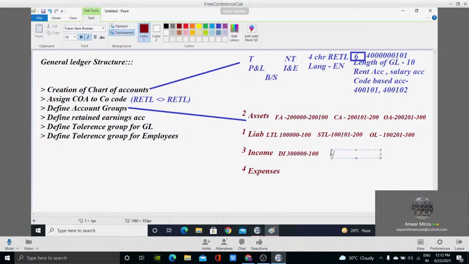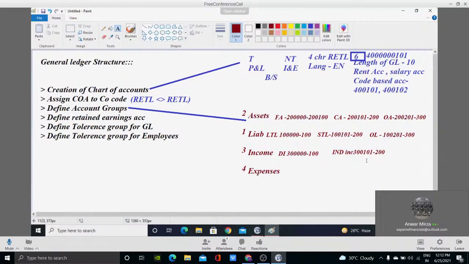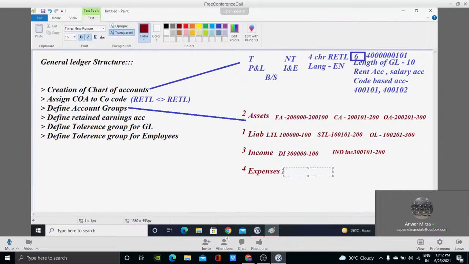Nothing. Now, indirect income. Indirect income category starts from 3 lakh 101 to 200. Is it clear? That means you can create 100 ledgers for indirect income. Now moving further to expenses. Direct expense, DE, starts with 4 lakh to 4 lakh 100.